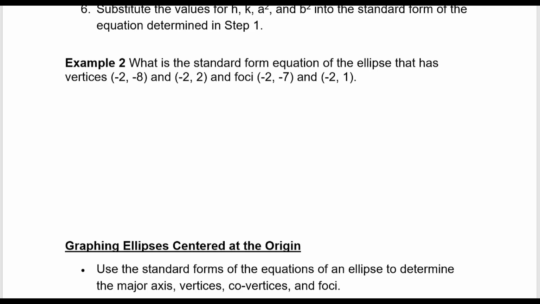So for this one, we are looking at the standard form of the equation of the ellipse that has vertices (-2, 8), (-2, -8), and foci including (-2, 2). So what's changed here is the y part, the x part stays the same. So that tells us this has a vertical major axis.